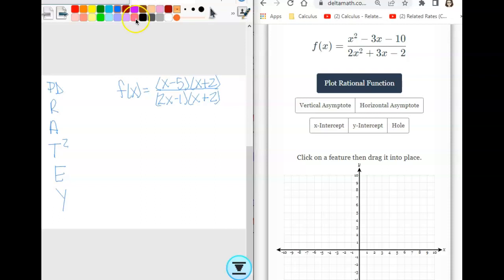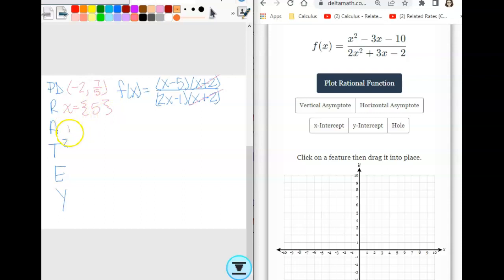All right, so do I have any point discontinuity? Yes. So my x value is -2. I substitute in the -2. That'll give me -7 over -5. So that's 7/5. Correct me if I'm wrong. My roots, I have at 5.